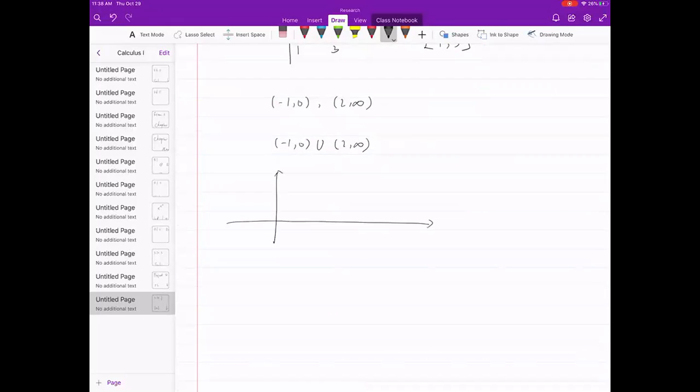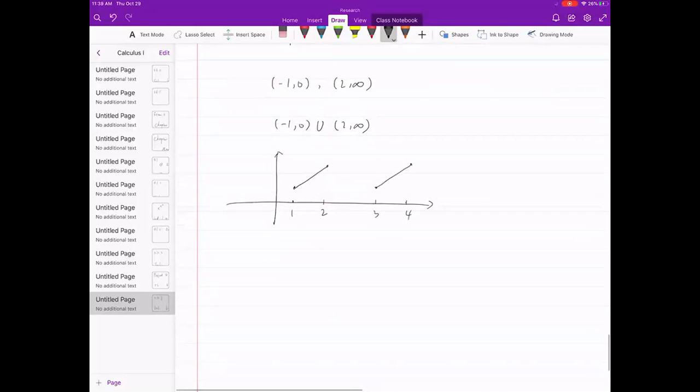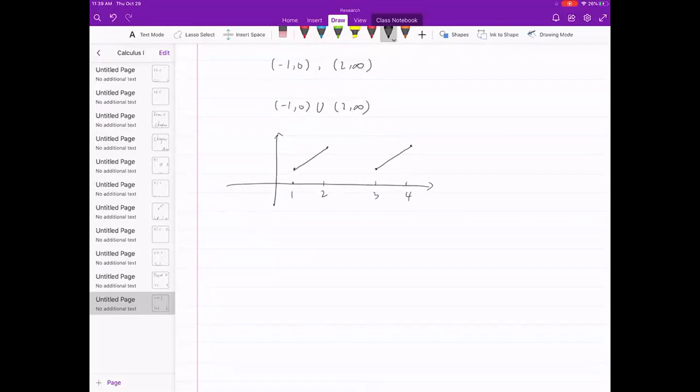Let me give you an example. Do you think it makes more sense to say this one's increasing on this, or do you think it's more reasonable to say it's increasing on this?